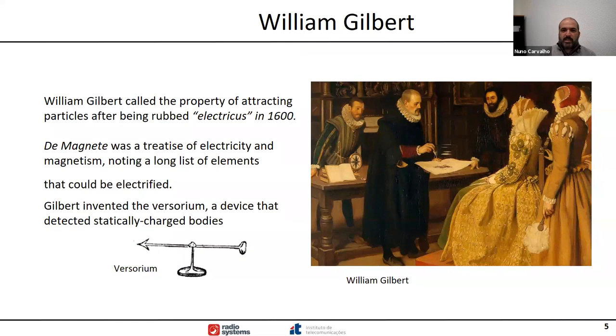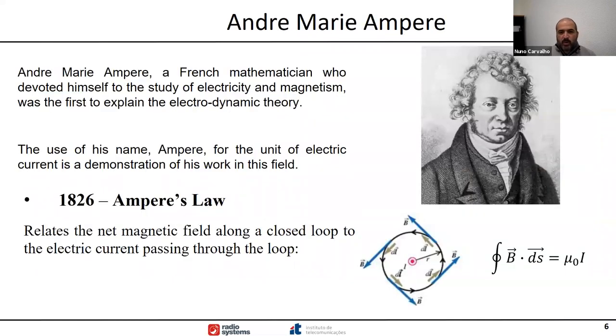So it was like an invisible force around it. Those initial works allowed, several years later, a very important person, André-Marie Ampère, to show that if you have a current traversing a wire, that current can create a magnetic flux around the wire where it is flowing.